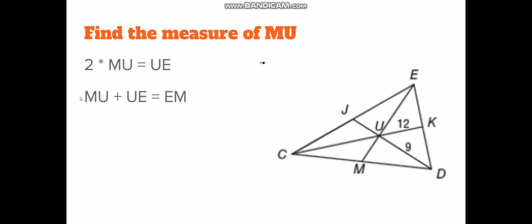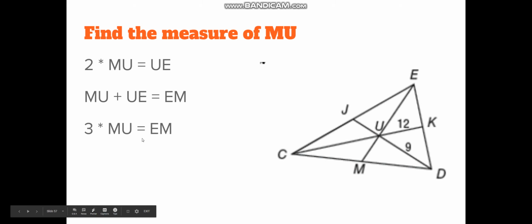We also know that MU plus UE equals EM. And when we use the substitution principle and simplify, we find out that it's going to take 3 MUs to make all of EM. And then we already know EM, so we can substitute in 21, and we find out that MU is 7.